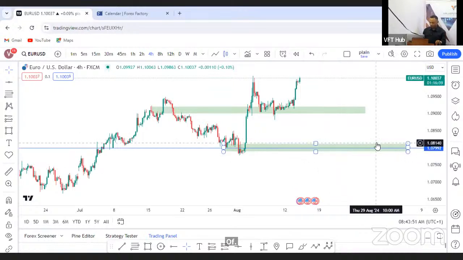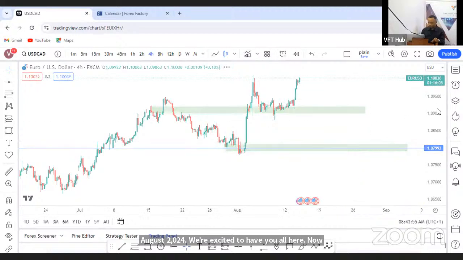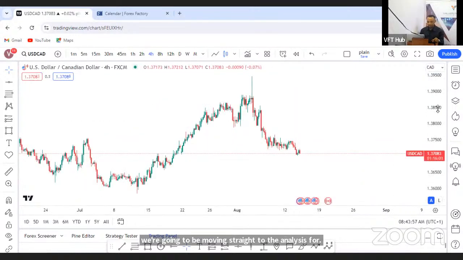We're excited to have you all here. Now we're going to be moving straight to the analysis for gold, and then we'll take the analysis for the yen. Then we'll attend to some questions if there are any.